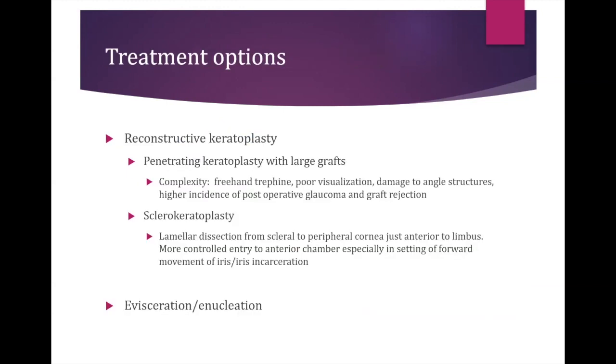So treatment option for cases like this, you can offer a patient reconstructive keratoplasty if they're interested to improve vision. In cases like this, the entire cornea is diseased. So if you're planning a penetrating keratoplasty with a very large graft, the surgery becomes pretty complex just because there's no visualization of the anterior chamber.